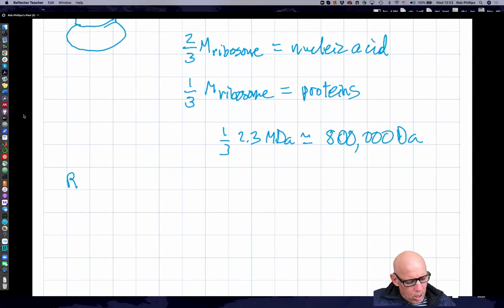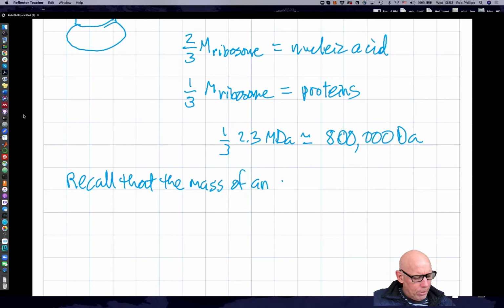And we recall that the mass of an amino acid, so I'm going to call this the average amino acid, is approximately 100 daltons.